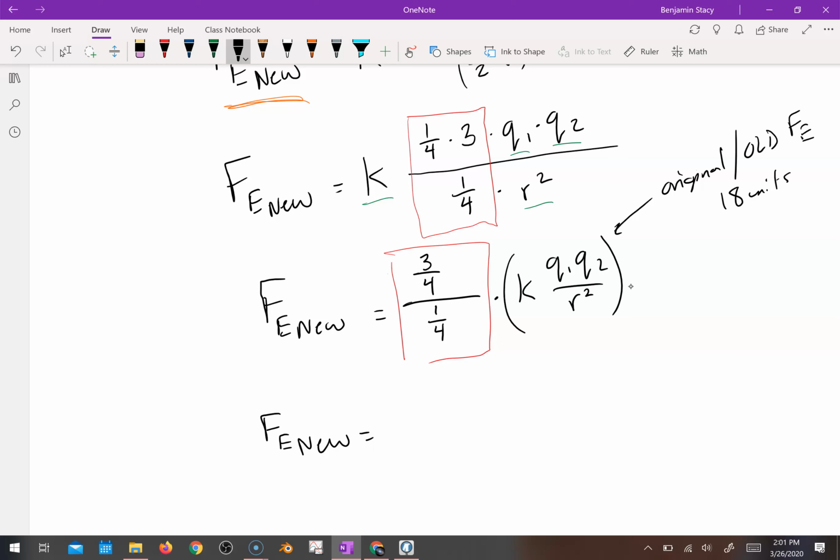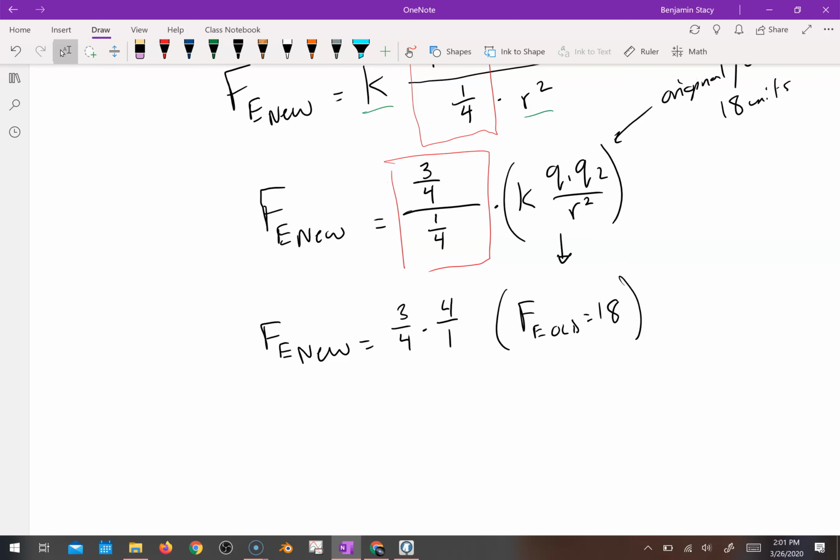So 3/4 divided by 1/4 is the same thing as 3/4 times 4/1, multiplied by our Fe old, which equals 18 units. That's all this is. Okay, so 3/4 times 4, what's that going to be? My 4s are gone. I get 3.